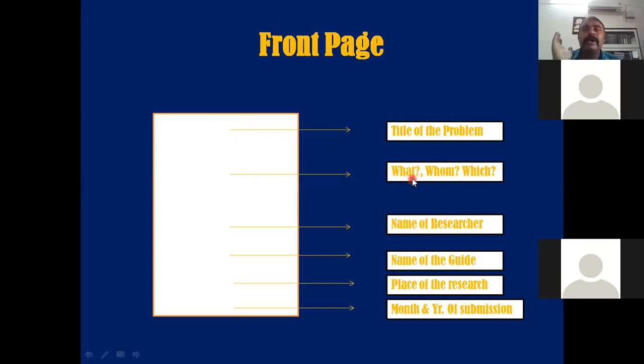To whom you are submitting? To the university: Swami Ramanand Tirth Marathwada University, Nanded. And for which degree? For Doctor of Philosophy. But that is not enough. Remember that, it is for the partial fulfillment of the Doctor of Philosophy.